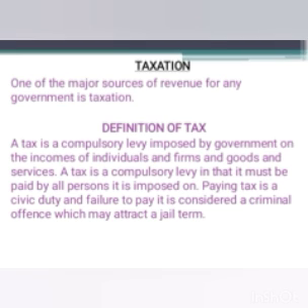Now, as you can see on your screen, tax is a compulsory levy imposed by government on the income of individuals and firms and on goods and services. So tax is a compulsory levy that every citizen of a country must pay. So far as you are working, meaning you're an adult, 18 and above, and you are working, then you need to pay tax. It's compulsory.